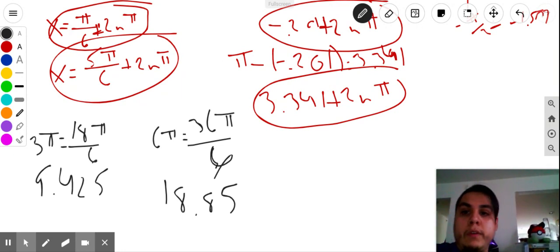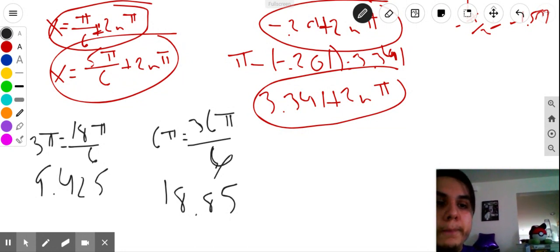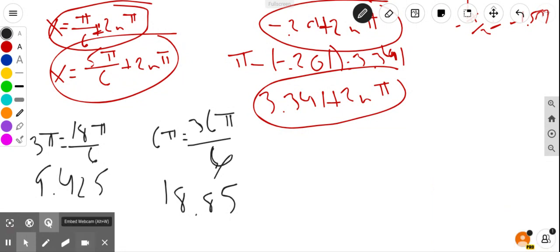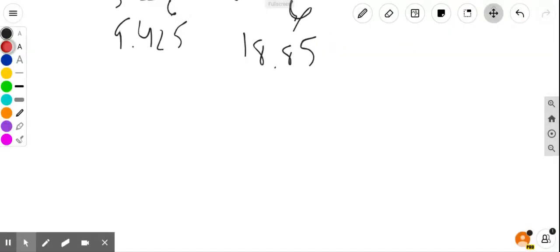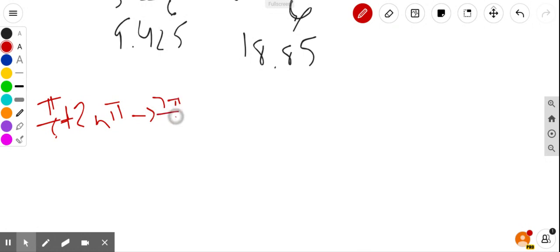So for the first part, maybe if I get rid of my camera, this will not lag as much. The pi over 6 plus 2n pi could give me 7 pi over 6. That doesn't work. Stupid Chromebook.